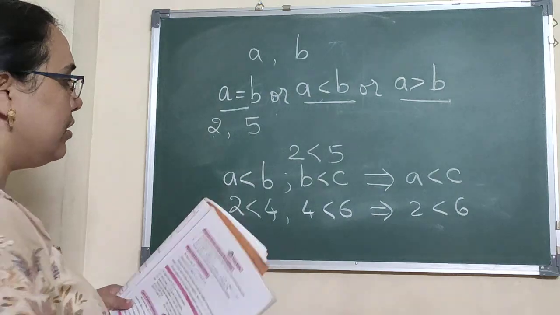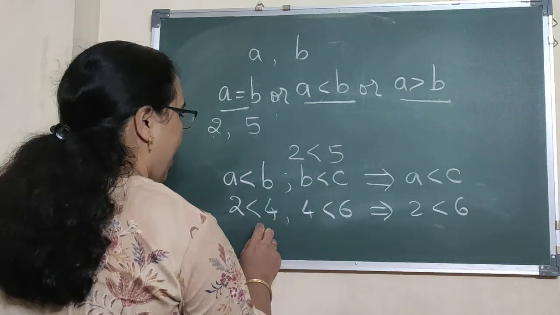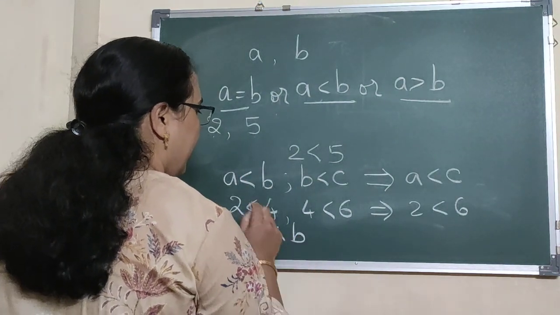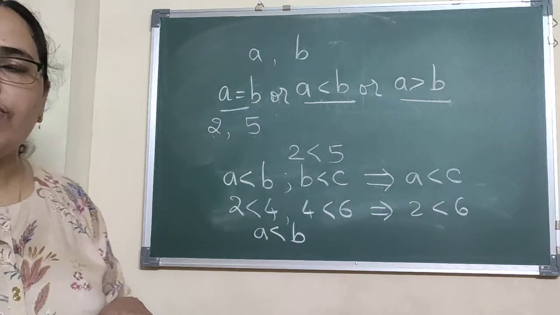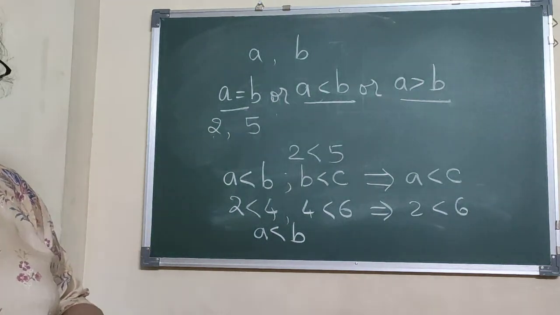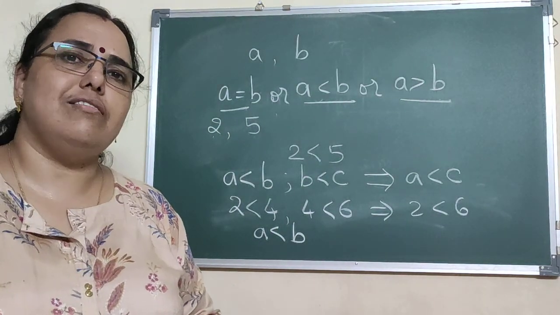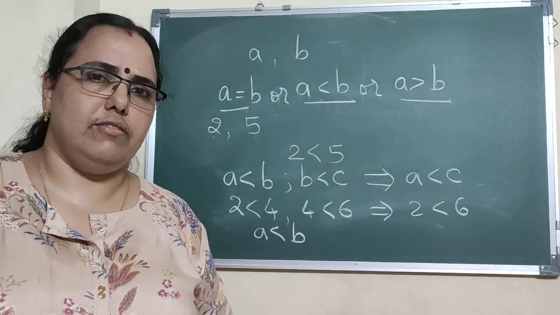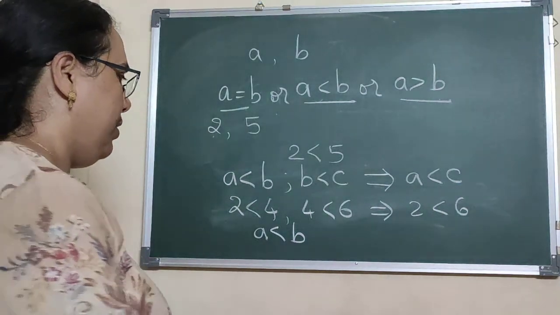Coming next, same way, if I have A less than B, then if I add a real number C to either side, what happens?